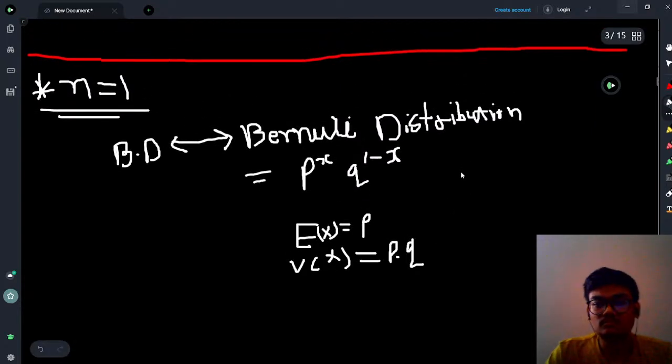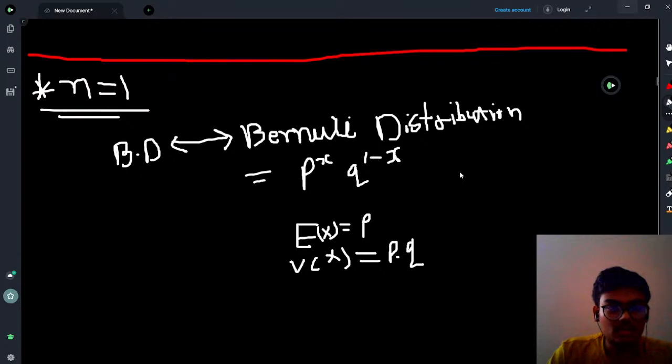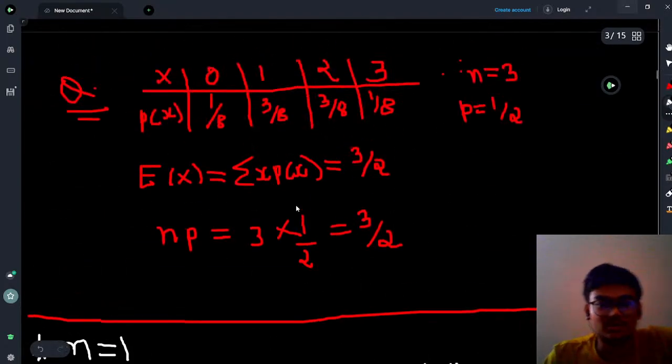So this is all about the binomial distribution. With the help of these formulas you can solve any kind of question. This is just one part of the binomial distribution, known as the Bernoulli distribution.